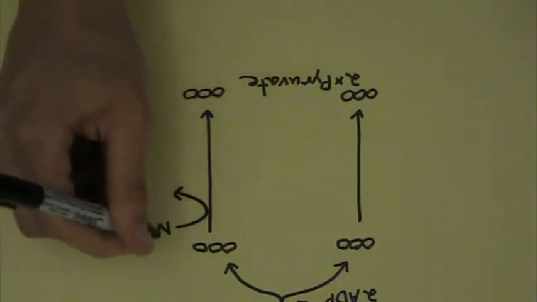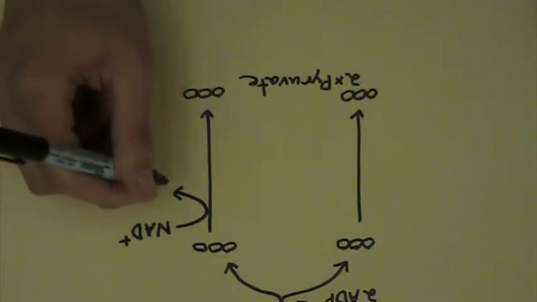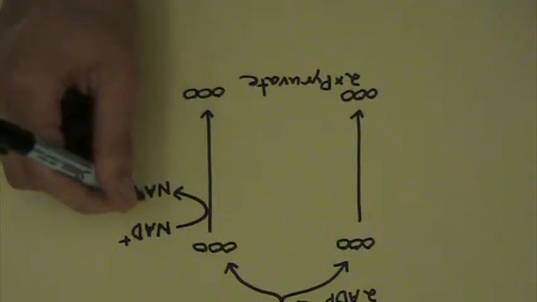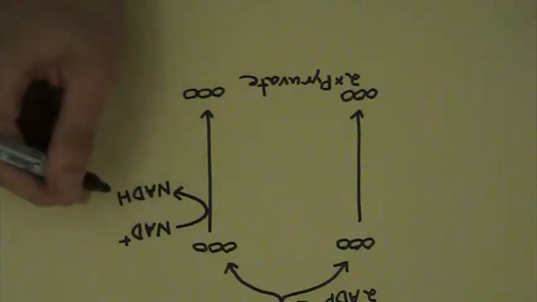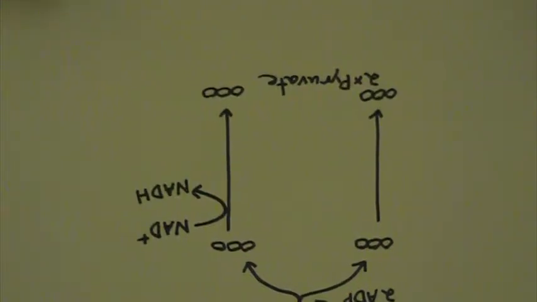One is the conversion of NAD plus to NADH. NADH is a high energy electron carrier that will move to the electron transport chain inside a mitochondria and provide us with a large amount of ATP.